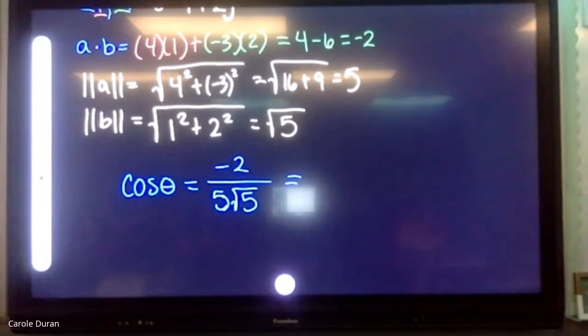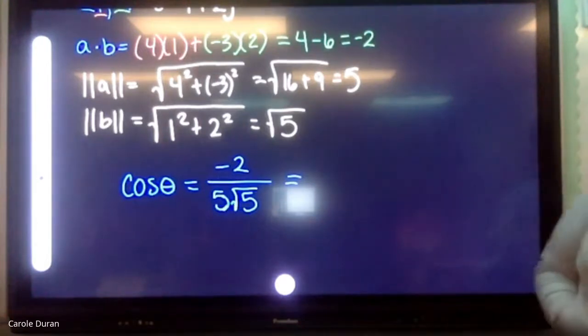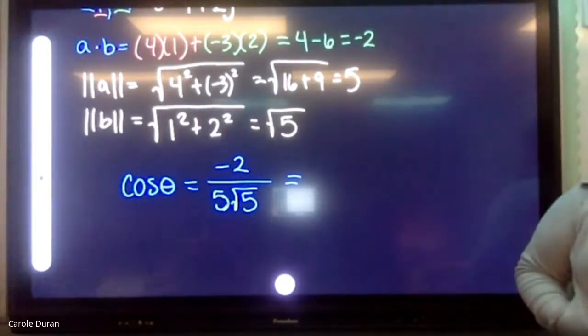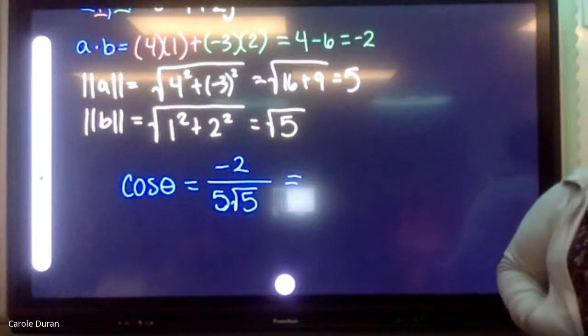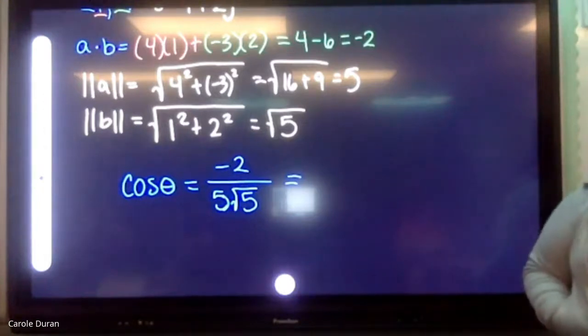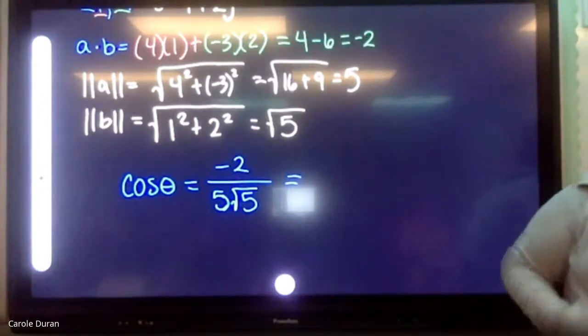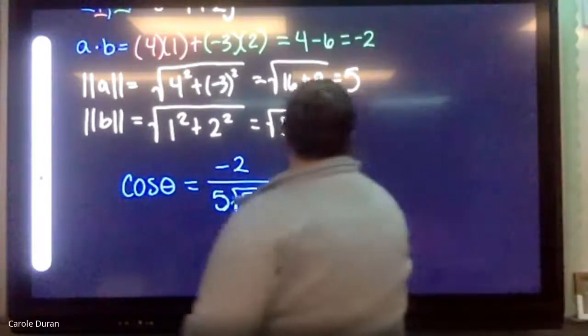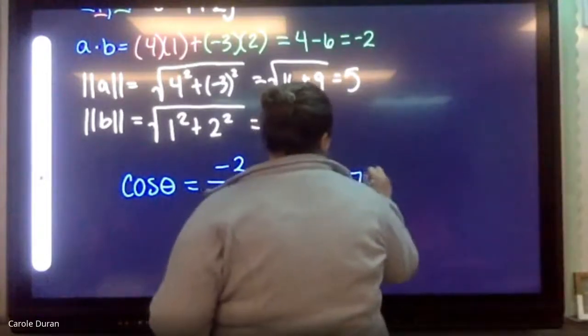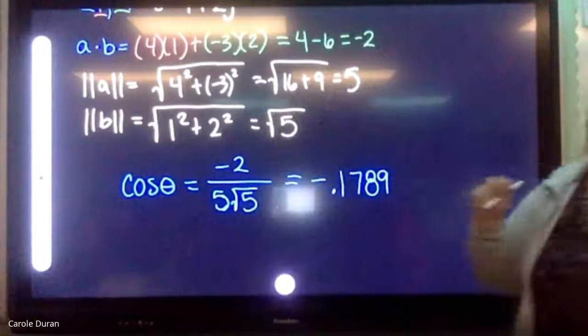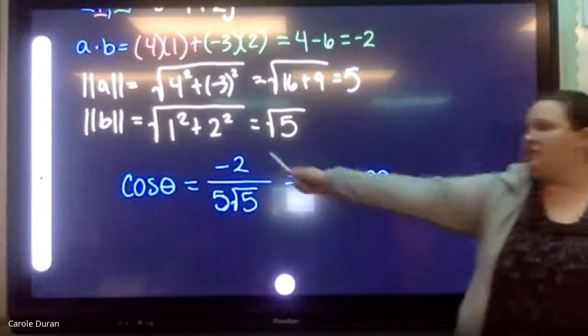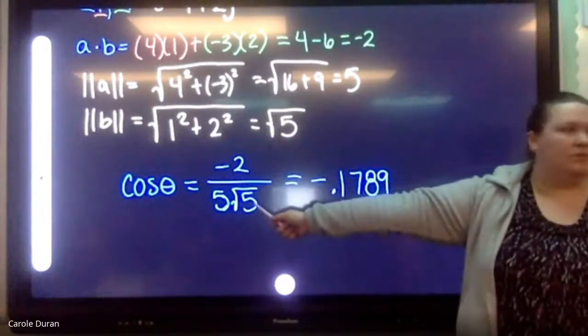What decimal do we get for negative 2 divided by 5 root 5? Negative 0.178. Anybody else get that decimal for negative 2 over 5 root 5?